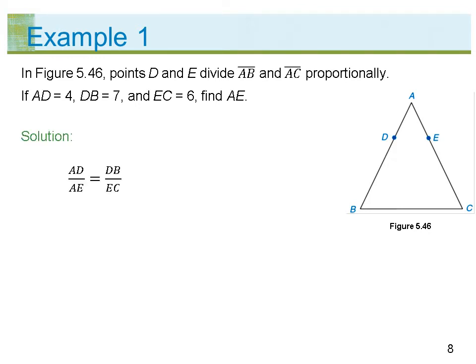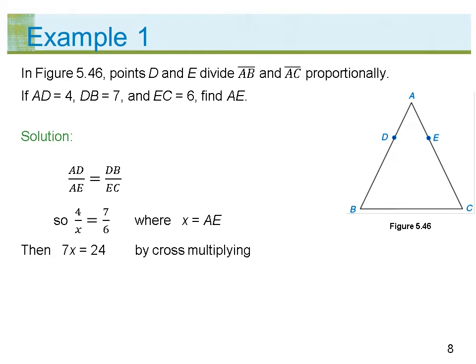Solution: AD/AE = DB/EC. So 4/x = 7/6, where x equals length AE. Then 7x = 24 by cross multiplying. So x = 24/7, which equals 3 3/7. Length AE equals 3 3/7.